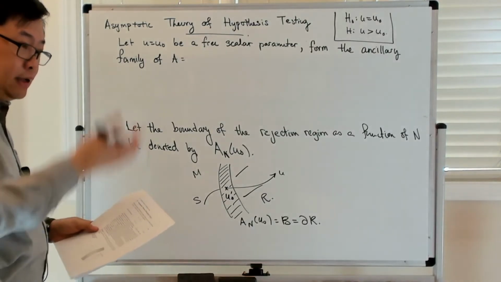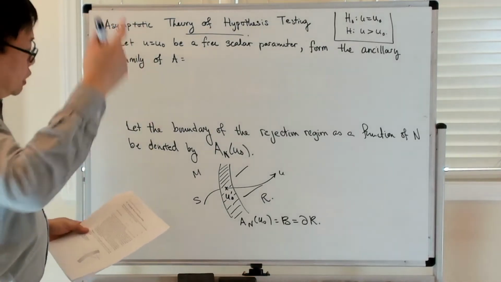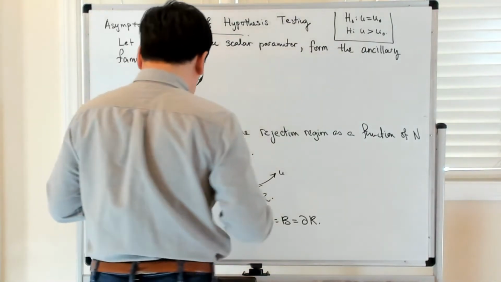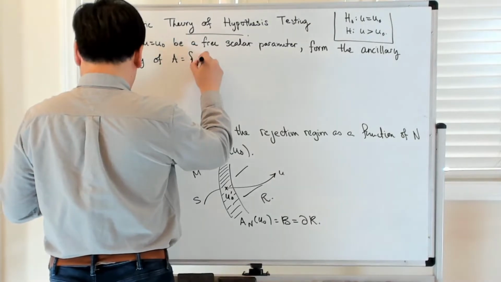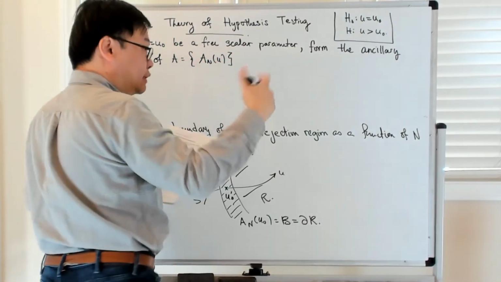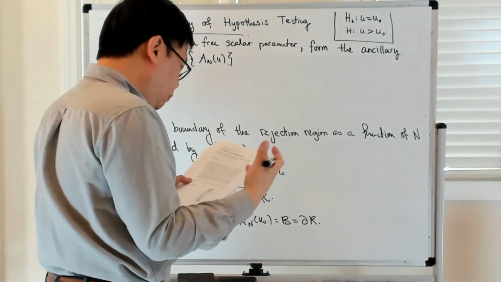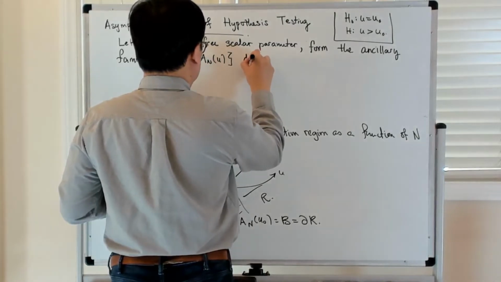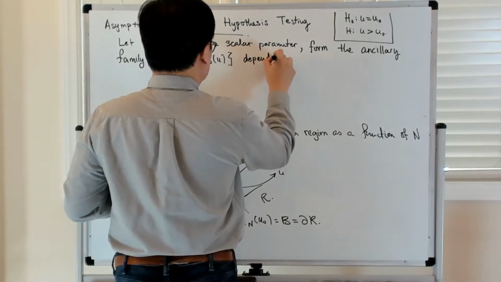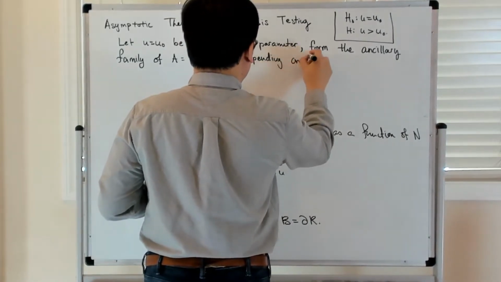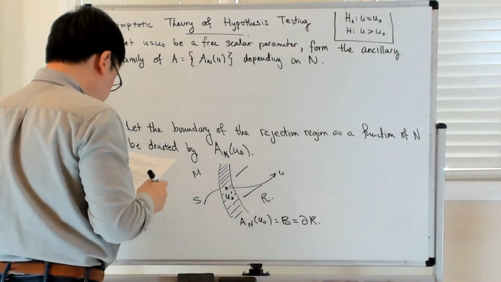The idea is that these curves are going to give you essentially a foliation, and the foliation is then going to define essentially a projection. And this depends on n, which is the number of samples.